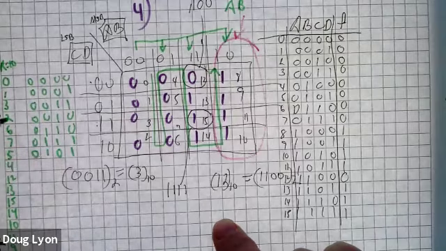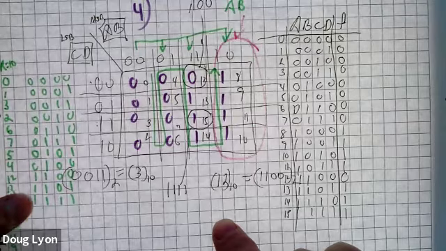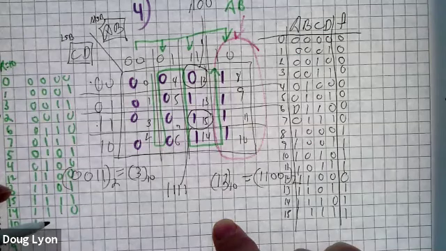Only 1 bit changed. 0100, 1100. Only 1 bit changed. 1101, 1111. Only 1 bit changed. Only 1 bit of difference exists as we go from one row to the next. Right? Going from 14 to 10, only 1 bit changes.